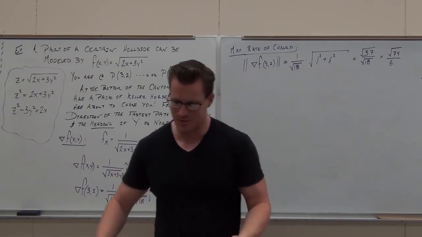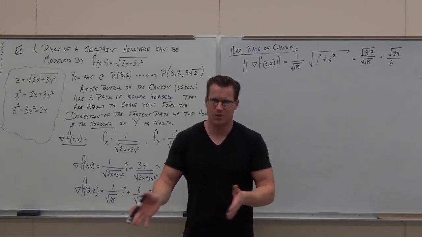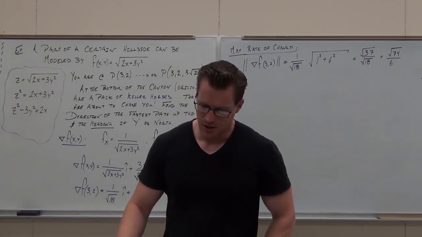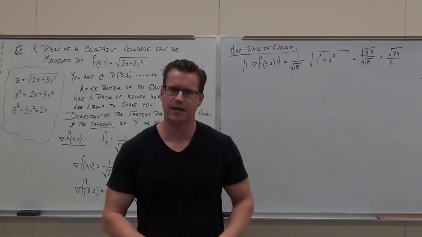But that's kind of hard, right? Because we don't have just this XY system under us that we can run up a vector. So let's talk about something a little bit different. Let's talk about the heading.